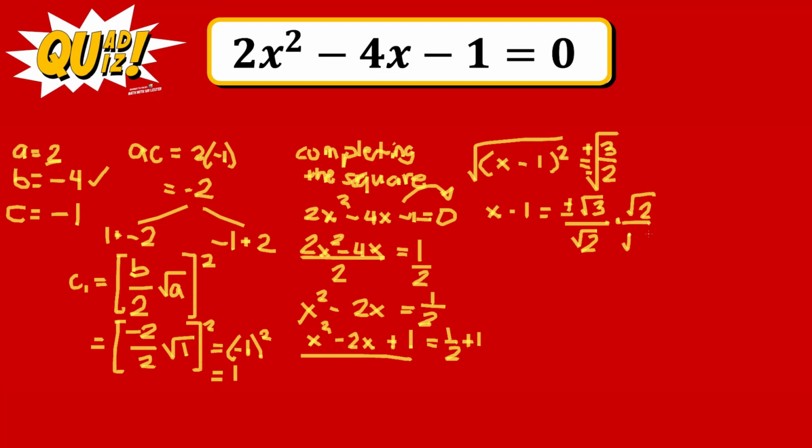Okay, we need to rationalize this so that our denominator will not contain any radical expression. So we multiply square root of 2 and square root of 2, which is just equal to 1, therefore not changing the value of the entire equation. We also use square root of 2 so that the denominator will become square root of 4, and square root of 4 is just equal to positive 2. So we have here positive, negative, square root of 3 times square root of 2 becomes square root of 6.